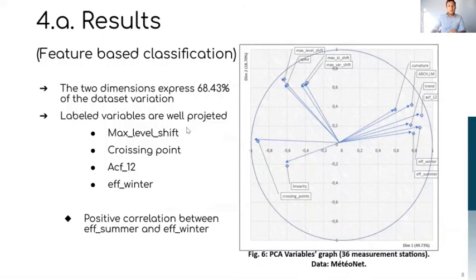The result part. Here, we extracted more than 20 variables and performed Pearson correlation tests that avoid redundancies. These two axes represent 68% of the cloud variation, but as we can see here, the projected variables are not how we expected them to be, since the projected efficiency in winter and in summer are positively correlated, which means that the sites that produce well in winter are the same that produce well in summer.